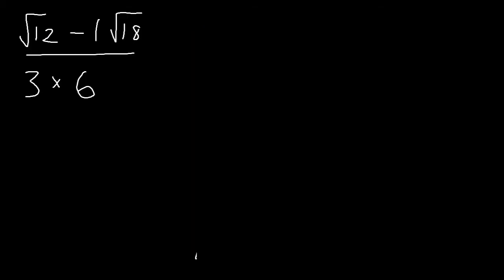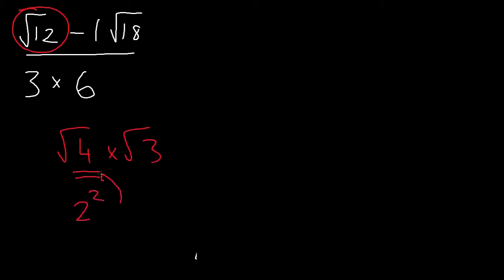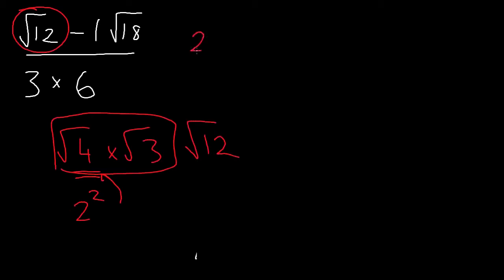Now the reason why I know I can simplify this down even further is because I see this is a root 12 over here. And remember, we always want to go through and make sure that there are no square factors. But I know that root 4 times root 3, 4 being a square number because 2 squared equals 4, is the same thing as root 12. So I'm going to go ahead and rewrite this as 2 root 3 to replace my root 12 over there.